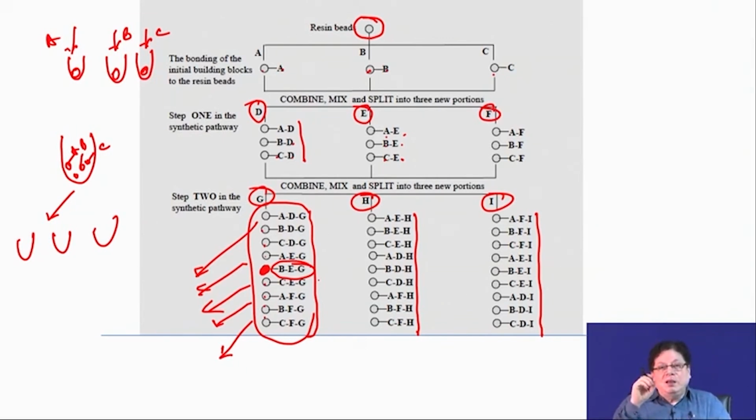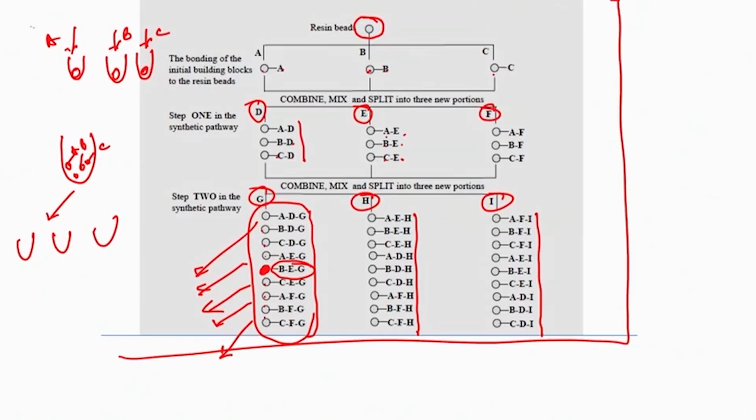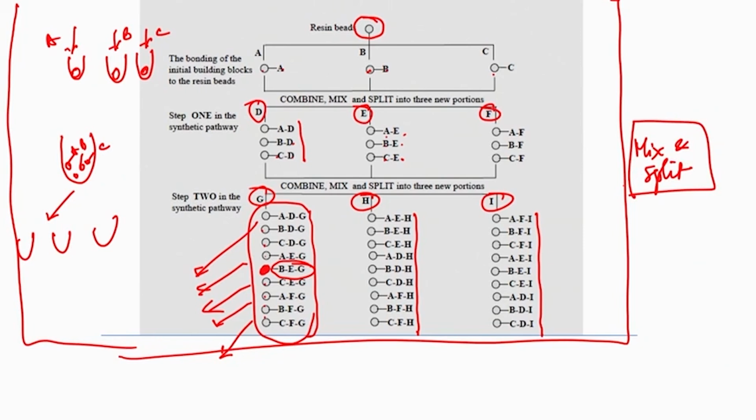So, you have to finally find out what is attached to the bead. For that you have to detach it and then see what is there. I think in the next lecture we will start from this point. This is called the mix and split method for combinatorial chemistry, and it gives rapid growth, because if you increase this further, it will be 81 molecules ultimately.